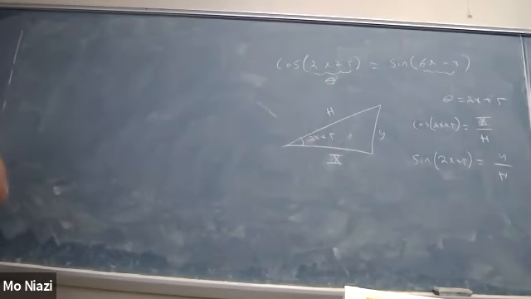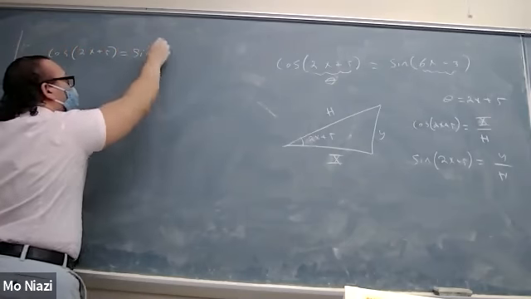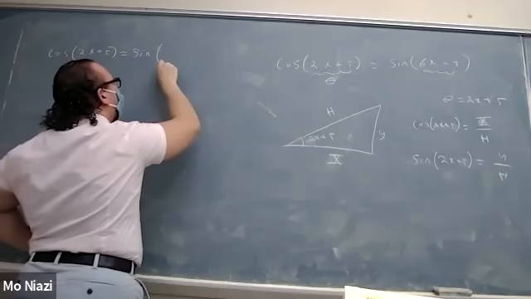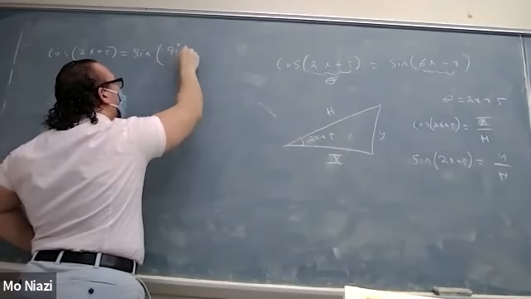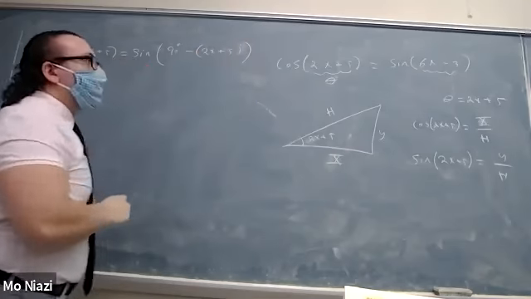I use a cofunction. I don't even know how. That's fine. So cosine of 2x plus 5 is the same thing as sine of what? That's perfectly fine. And call this degrees, right? They're degrees. It's implied that they're degrees.